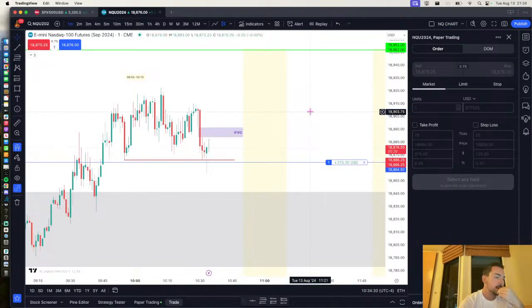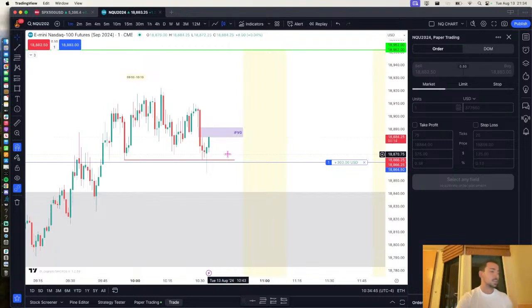But again, this turtle soup entry is not a real strategy in my eyes, unless you are super confident with a draw on liquidity and you're trying to get fantastic entries. But again, I very rarely use it, if ever.